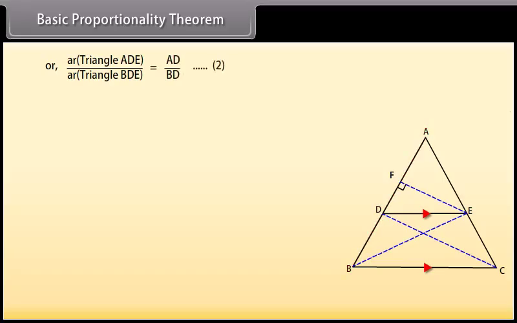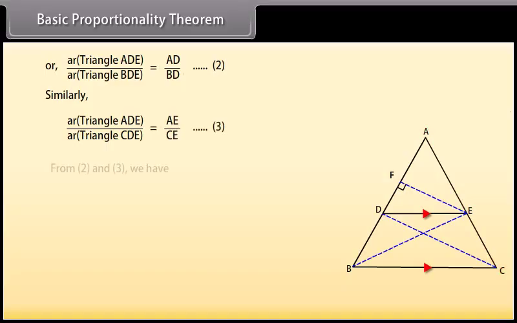Mark it as 2. Similarly, the area of triangle ADE upon the area of triangle CDE is AE upon EC. Mark it as 3. From 2 and 3 we have AD upon BD equals AE upon EC. Hence proved.